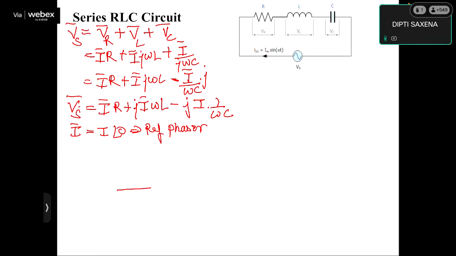Let this be the direction of I. So this is my phasor I. Now what we have to do? We have to add VR plus VL plus VC. So let us draw phasor VR. Phasor VR is I into R. That is, the direction of VR will be the same as the direction of I. So let it be.